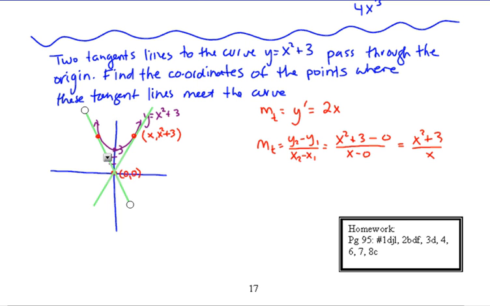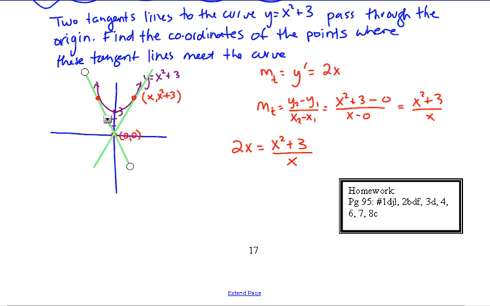Set them equal to each other. So solving for x, first step. Times x to both sides. Yeah, that gives you 2x squared equals x squared plus 3.